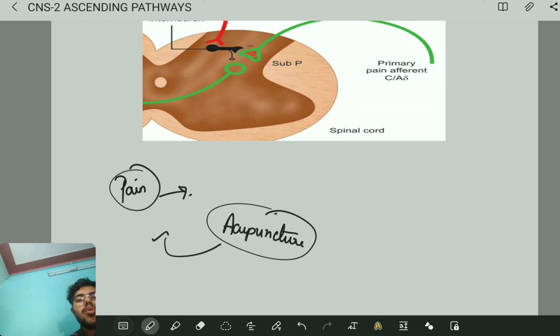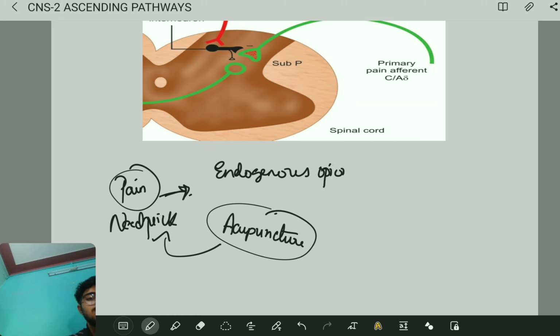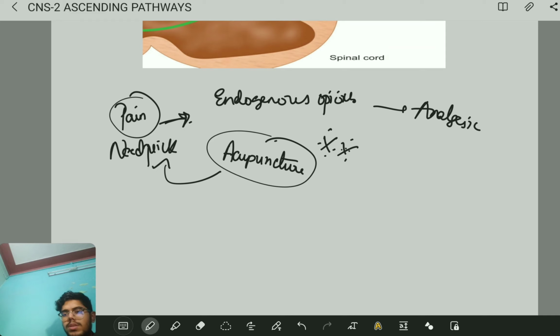So we do a needle prick at specific locations so that a pain is generated, which activates your endogenous opioids and produces analgesia. This is very important. Acupuncture. You can write this point also, very important. Clinically it is oriented, acupuncture. They can give you extra points, right?